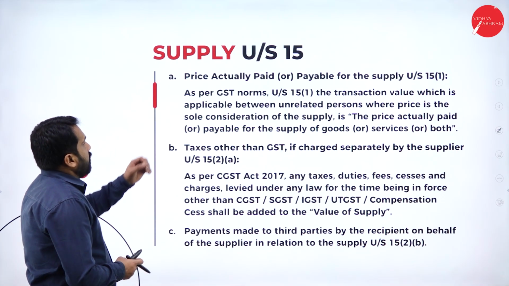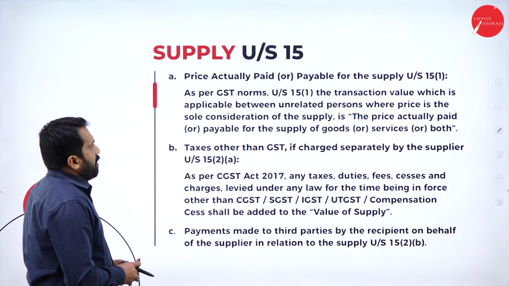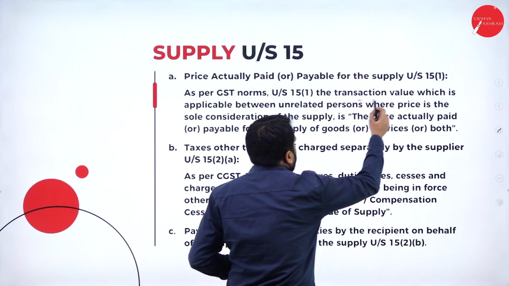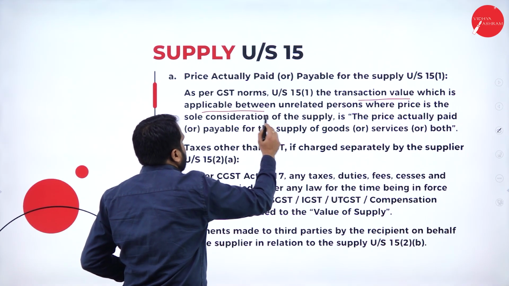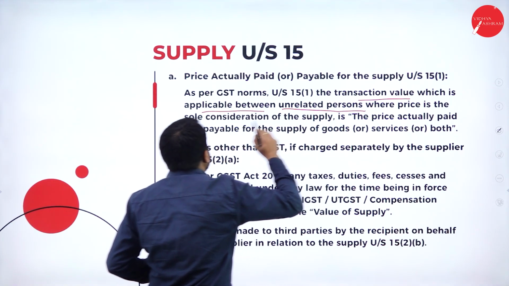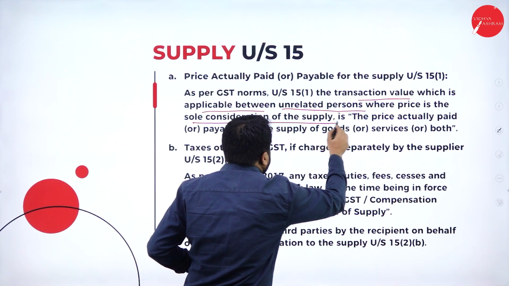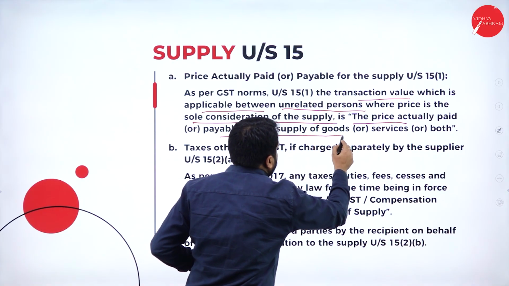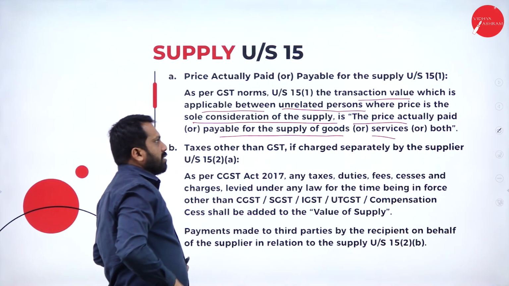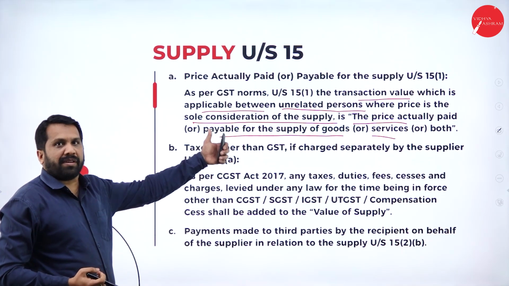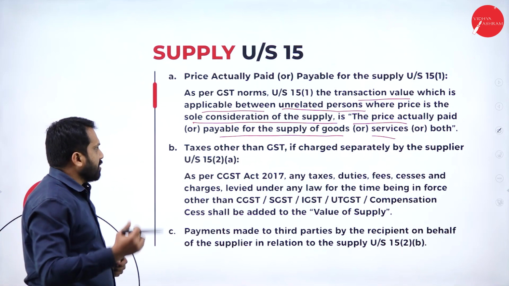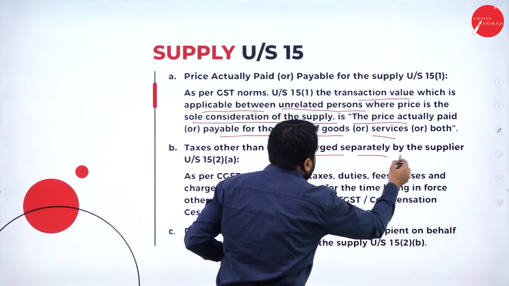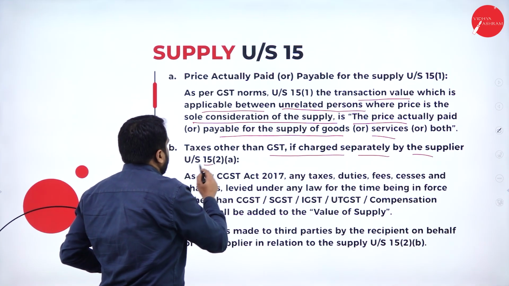Now, price actually paid or payable for supply as per these GST norms. The transaction value which is applicable between unrelated persons where price is the sole consideration of supply. The price actually paid or payable for the supply of goods, service, or both. So what is actually paid, that will be considered as supply of goods. Then taxes, GST if charged separately by the supplier under section 15.